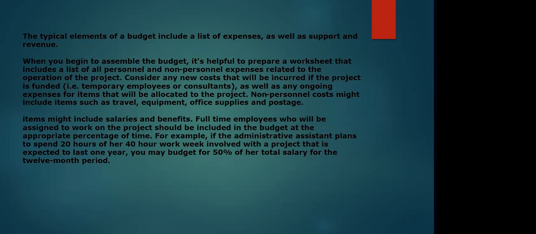So that means that if you got a secretary, let's say, for example, an administrative assistant, and you just got this new money in, you're saying, look, we're going to allot 50% of your time to this particular project.